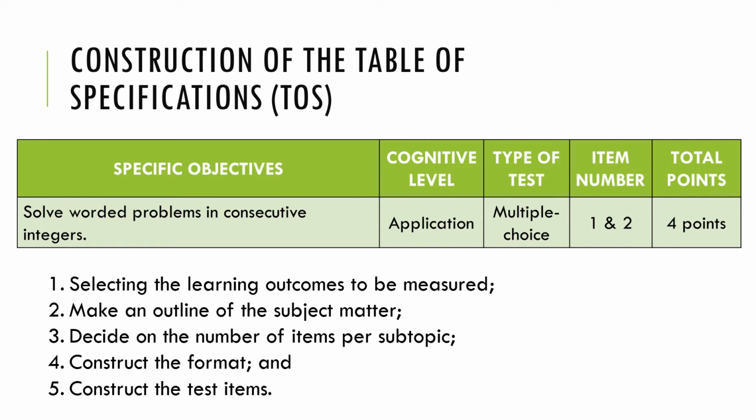The second one is make an outline of the subject matter. The third one, decide on the number of items per subtopic. Fourth, construct the format. And the last one is construct the test items. Now I will show you how to construct your table of specifications.